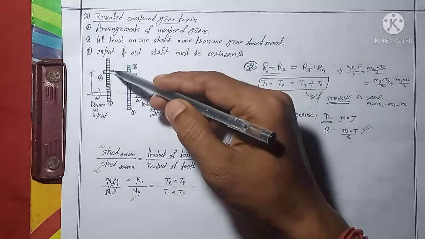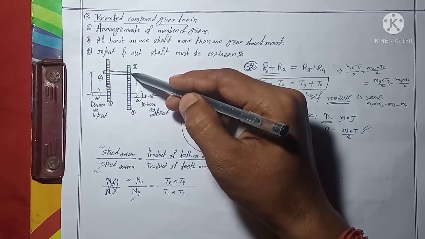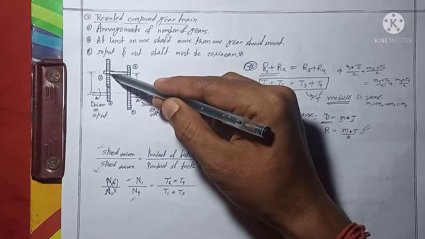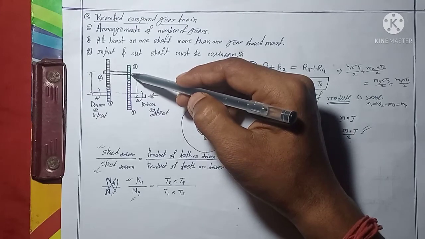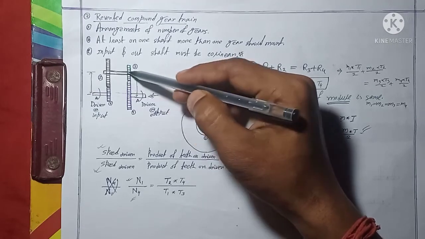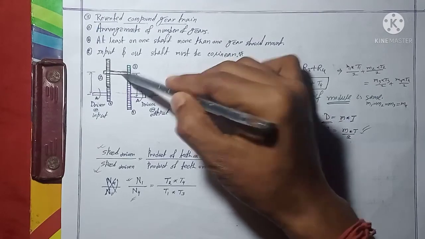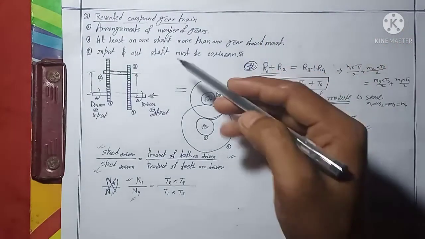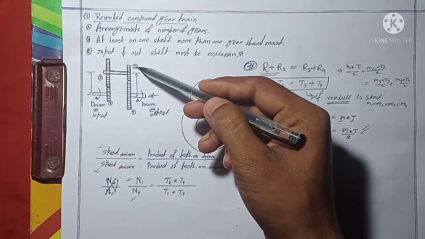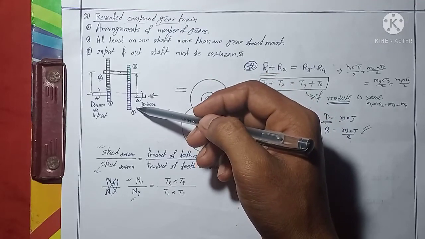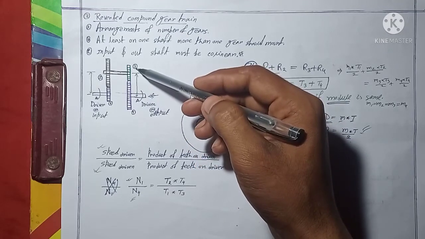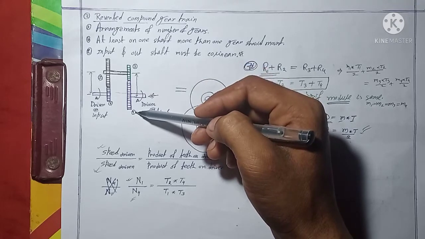Similarly, after gear 2, let's come to gear 3. When gear 2 rotates, gear 3 also rotates along with it, because gear 2 and gear 3 are both mounted on a single shaft. Due to the rotation of gear 3, gear 4 will rotate. That's the reason gear 3 will be the driver and gear 4 will be the driven.